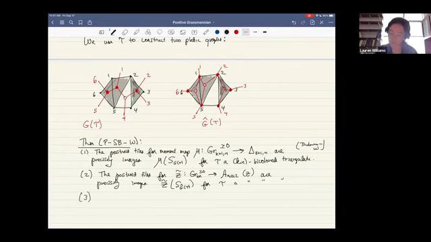So the only 2k dimensional cells on which the amplituhedron map is injective are the cells coming from these plabic graphs.